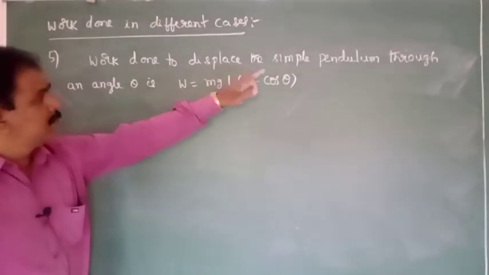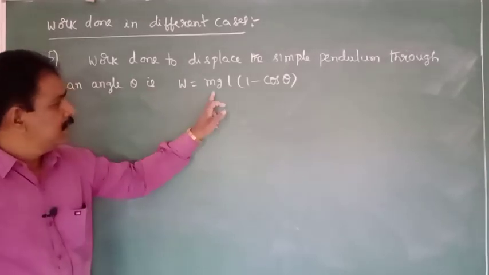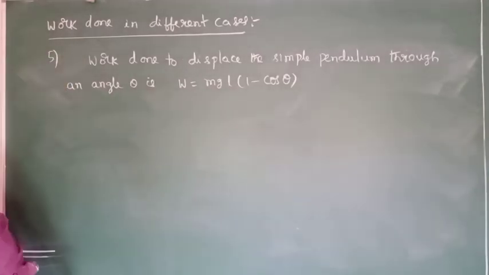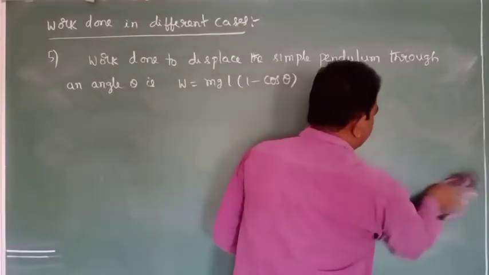Work done to displace the simple pendulum through an angle theta is W is equal to mgl into 1 minus cos theta. How this formula has come, let us see.